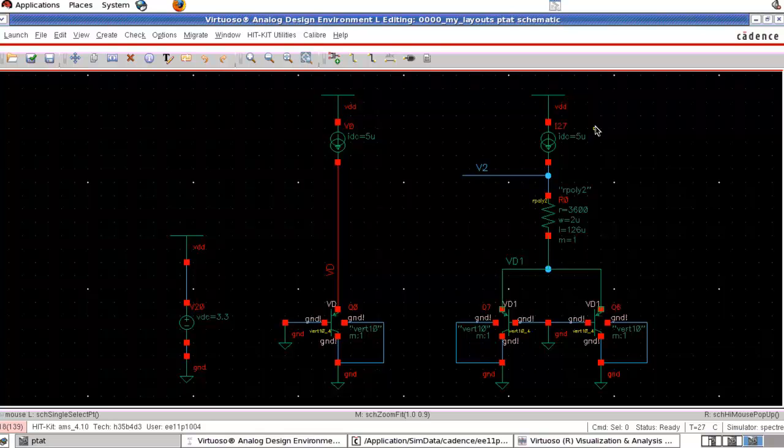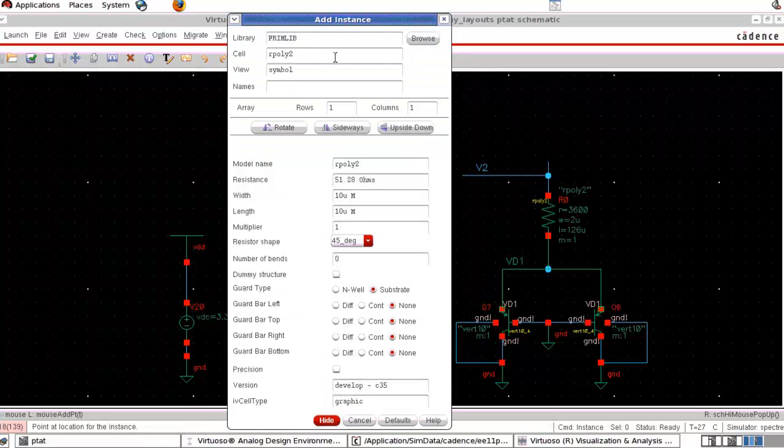So now I am implementing the current mirror. For that we need NMOS and PMOS.